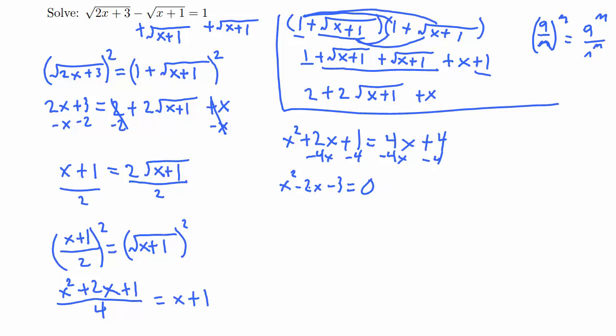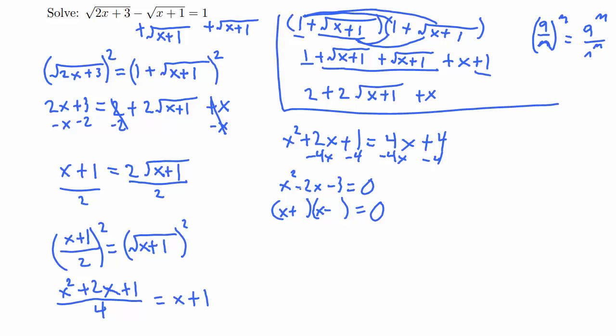This means that we can factor this into two sets of parentheses, x here, x here. Now this minus means one's positive, one's negative, and what multiplies to 3 and has a difference of 2? Well, that's just 3 and 1. And that's good because those are the only factors of 3.